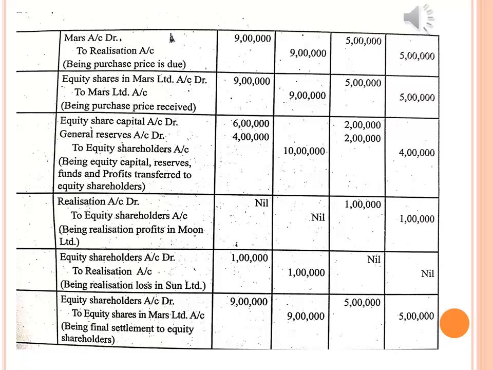The next entry is equity shareholders account debit to equity shares in Mars Limited. This is the final settlement. The equity shareholders account is now closed by issuing the equity shares.